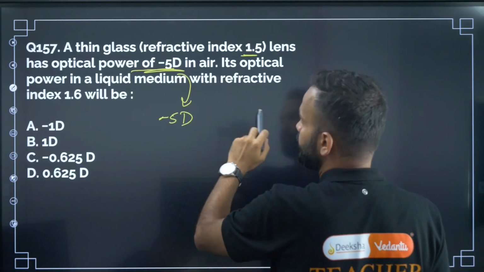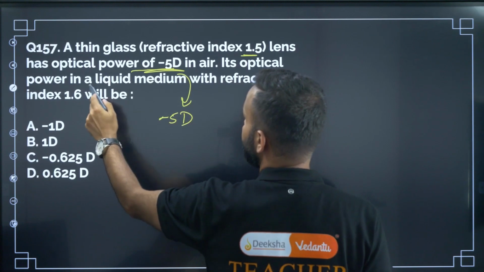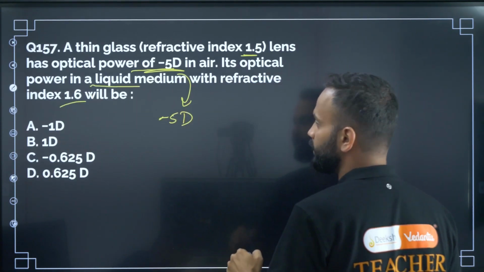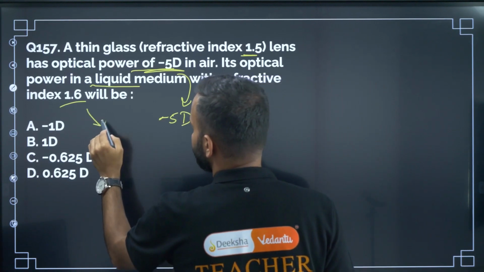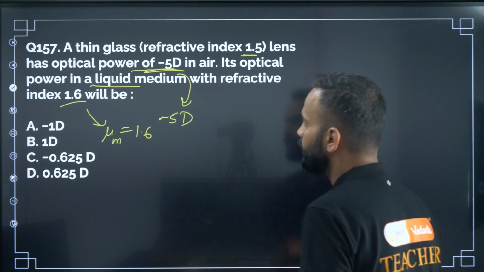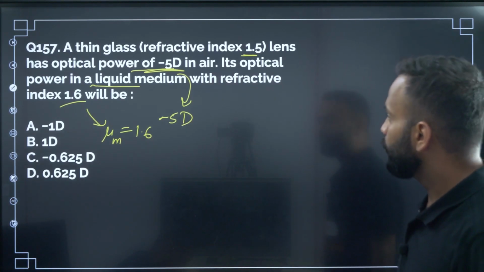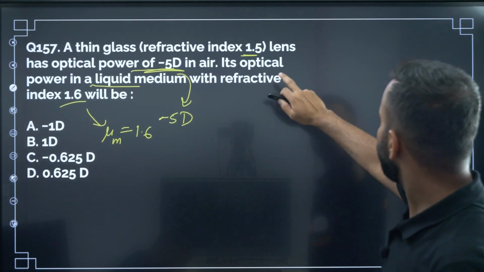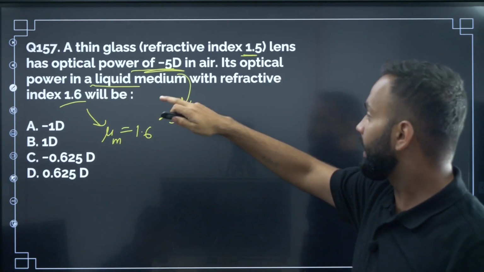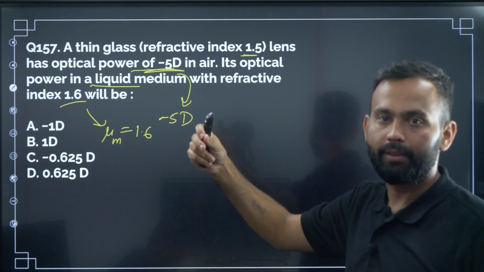In air, its optical power; in a liquid medium with refractive index 1.6, mu m is equal to 1.6, will be. So we need to find the power of the lens when the lens is immersed in the liquid.